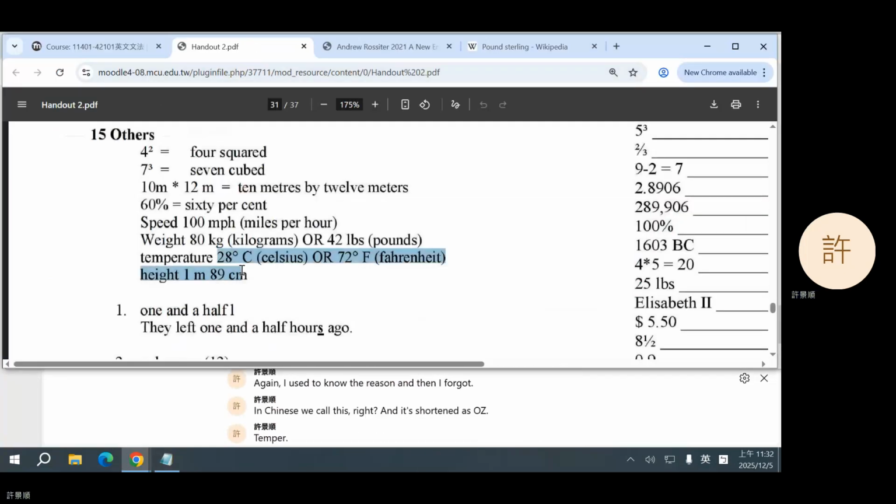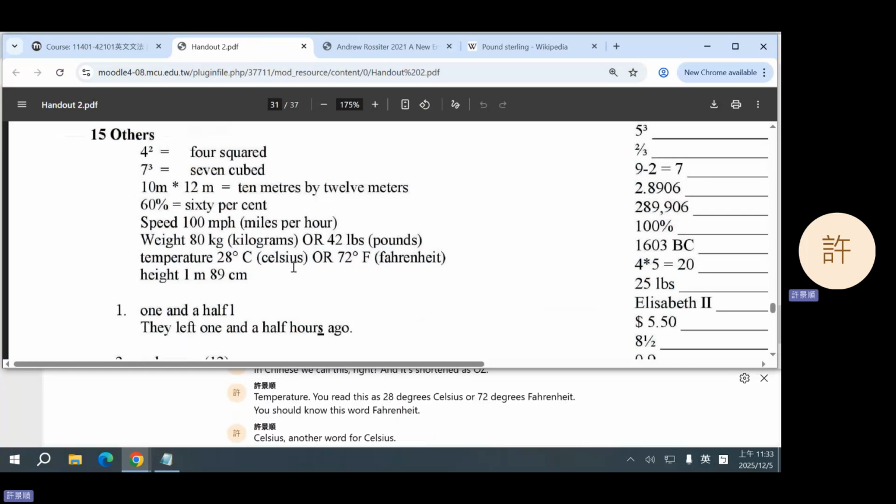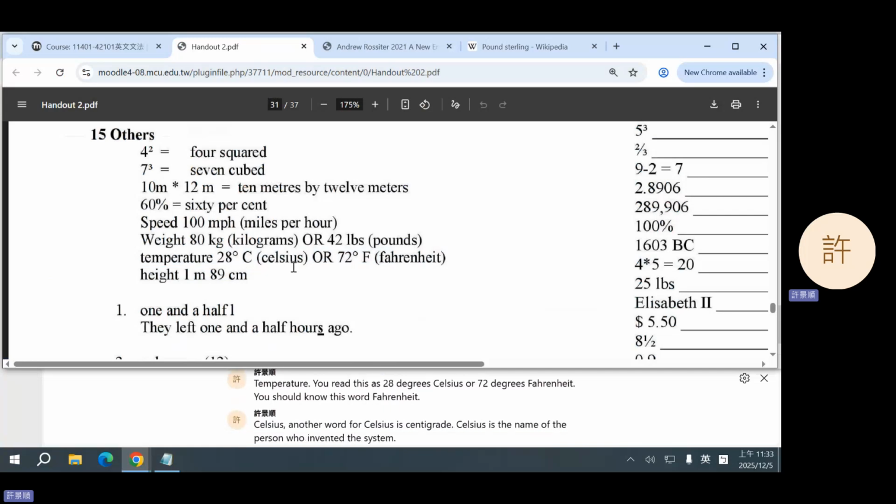Temperature. You read this as 28 degrees Celsius or 72 degrees Fahrenheit. You should know this word, Fahrenheit, 华氏. Another word for Celsius is centigrade. Celsius is the name of the person who invented the system.